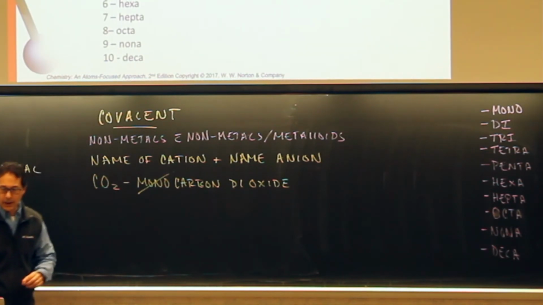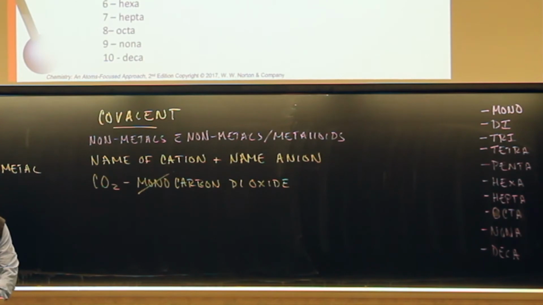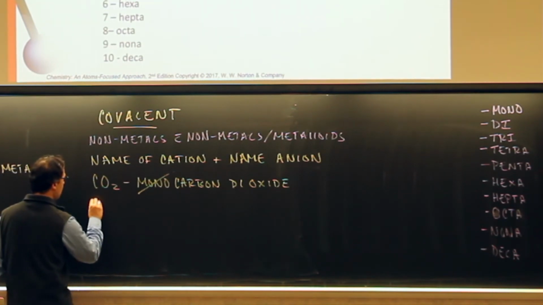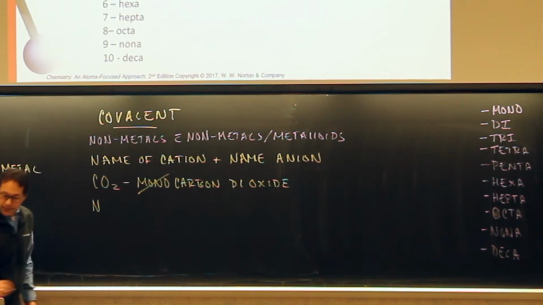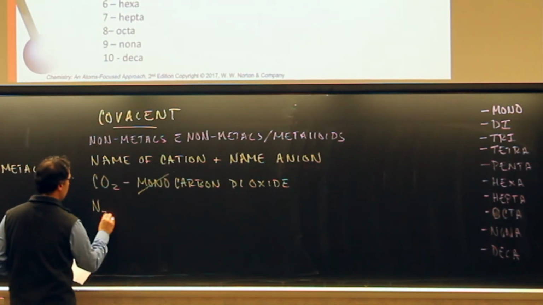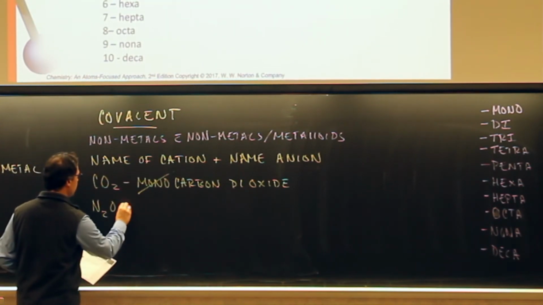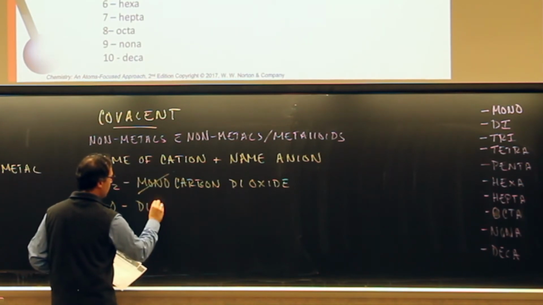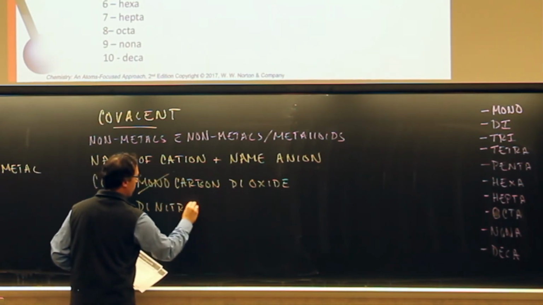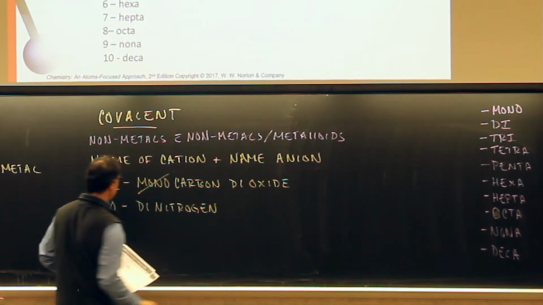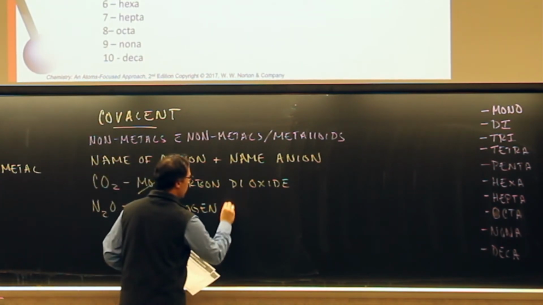And there's also an exception, and that is sometimes we have vowels next to vowels, and that gets things confusing. So if we have, say, N2O, this becomes dinitrogen monoxide.